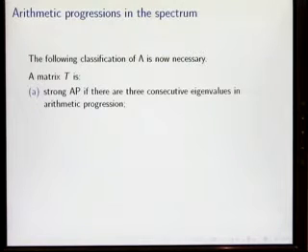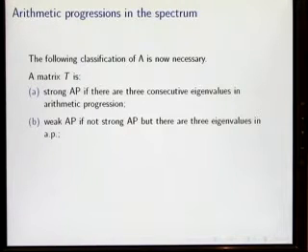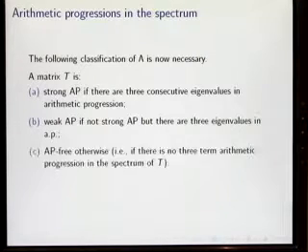Something, of course, of measure 0, right? It's weak AP if you have 3 eigenvalues in arithmetic progression, but they're not consecutive, okay? So it's still something exceptional. And it's AP3 otherwise, so that's the generic situation. It means you don't have an arithmetic progression in the spectrum. AP stands for arithmetic progression, obviously. Right?